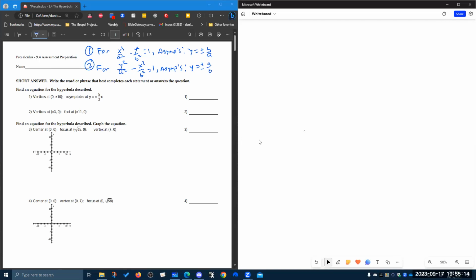I'll go ahead and show that to you, that this first one here, just sketch a graph of it, even though we weren't told to graph it, is going to have vertices at 0, +10, and 0, -10.